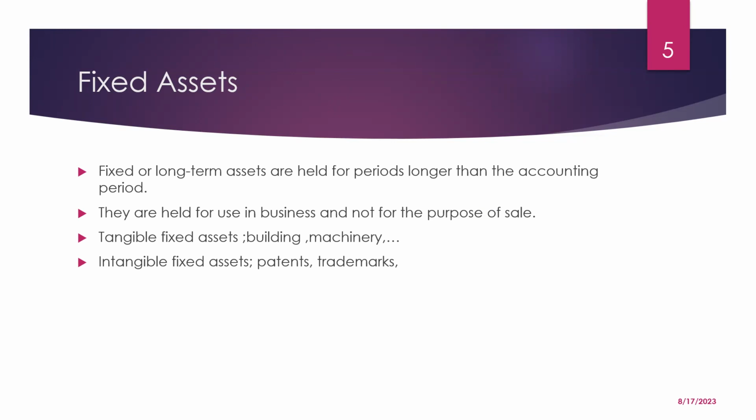Generally, an accounting year or accounting period is 12 months, or 1 year. If you have a fixed asset, its life is longer than 1 year, or the accounting period, and it is held for use in the business and not for the purpose of sales.